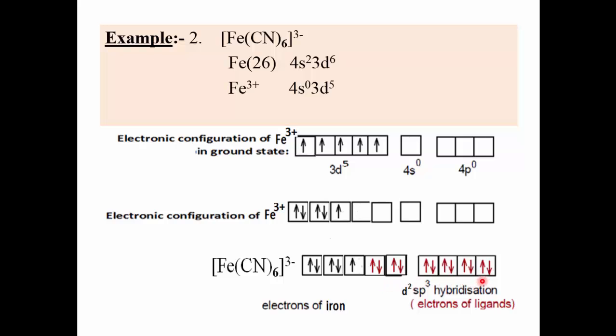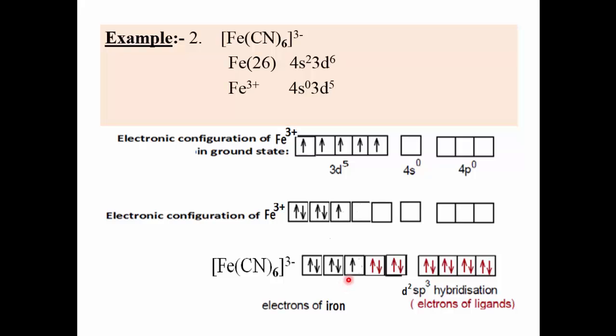So the 6 hybrid orbitals accept 6 electron pairs from the cyanide ligands. These are again the original 5 electrons from this step. So 5 electrons from iron and 12 electrons from the cyanide ligands are in the d2sp3 hybridized orbitals.